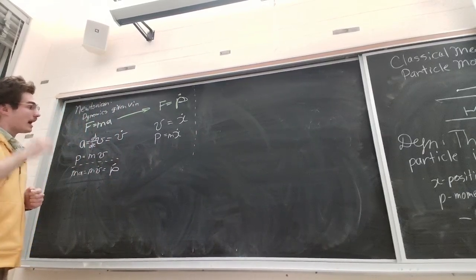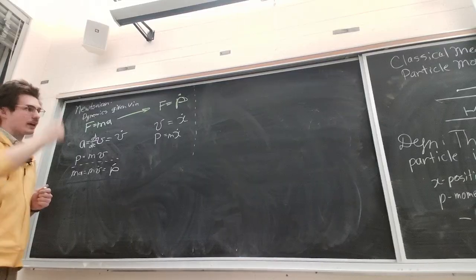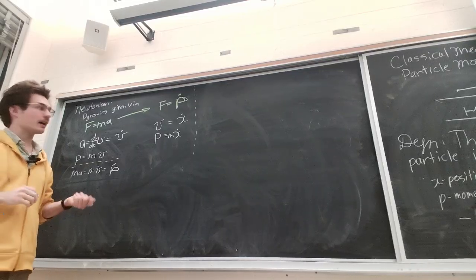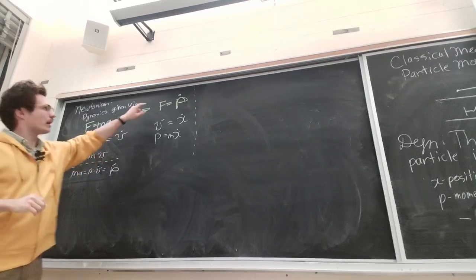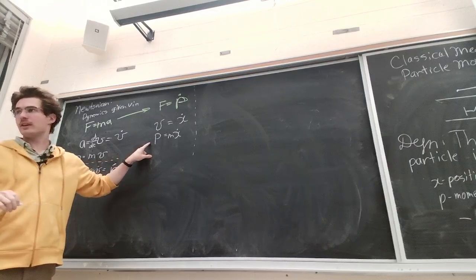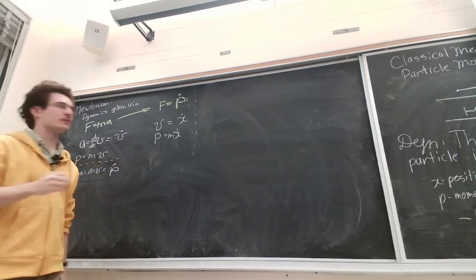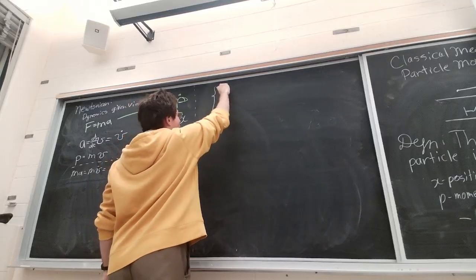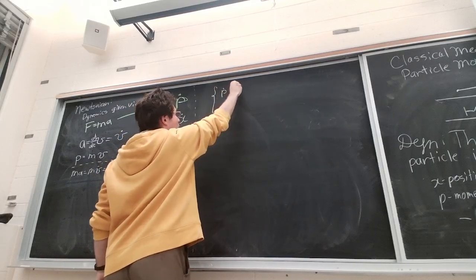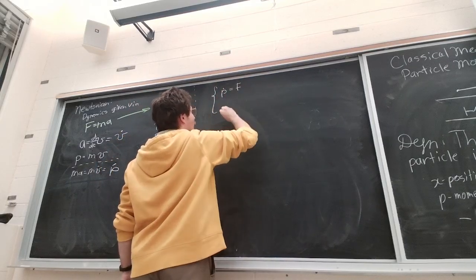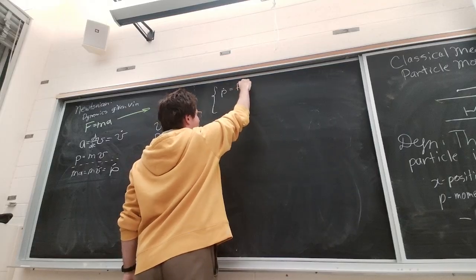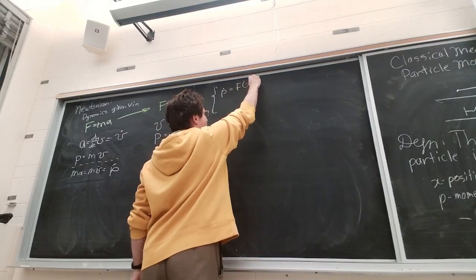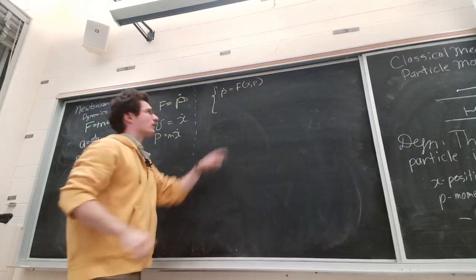Okay, so now we have these two conditions, and we can write these as a system of equations. What's the system of equations? p dot is equal to my force. My force can depend on where I am and how fast I'm going, so the force is in general a function of x and p.